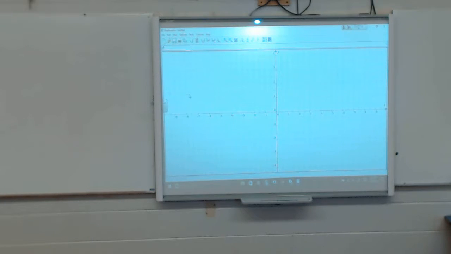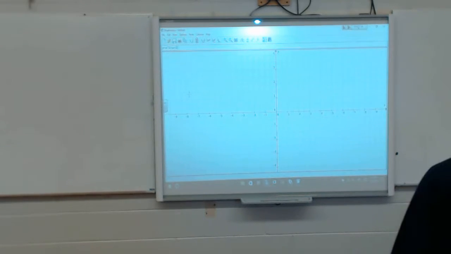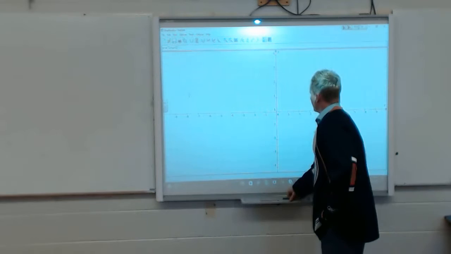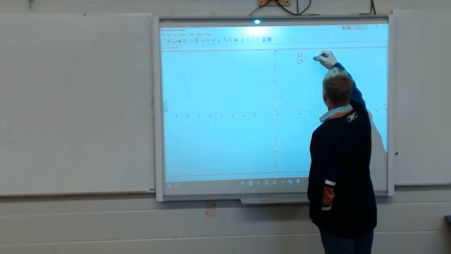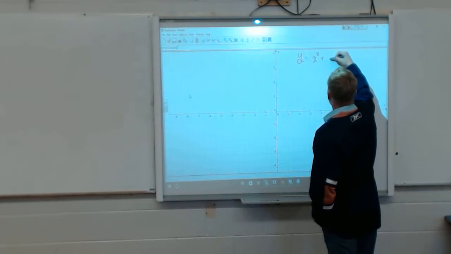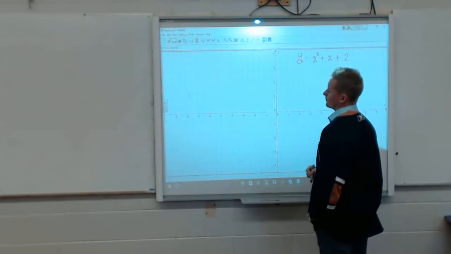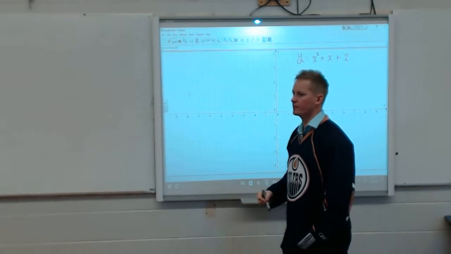So let's go y equals x squared. Now I'm going to change the b value. So I'm going to put it as x and I'll add 2. So I've got this so far. I'll write it down so it looks better for you. This graph here, y equals x squared plus x plus 2. Okay, so there's the equation for this graph here.